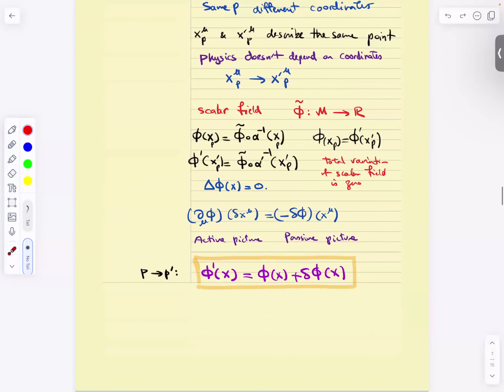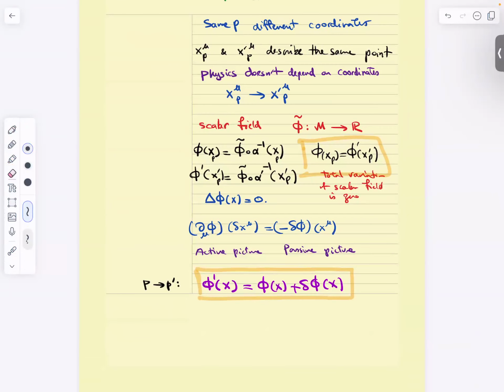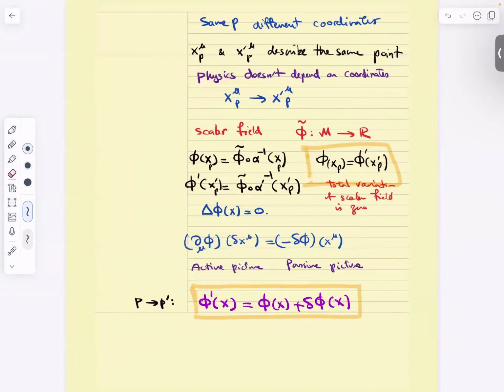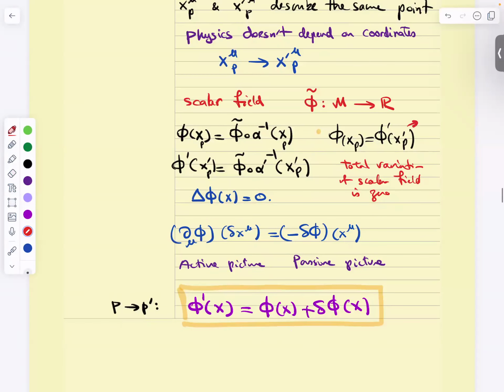So this equation you saw was for a scalar field, right? Sorry, this equation with phi equal phi prime. So this is the actual equation. If you could satisfy this with phi equal phi prime, that's the scalar field.